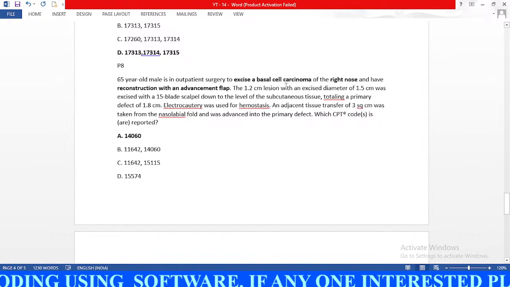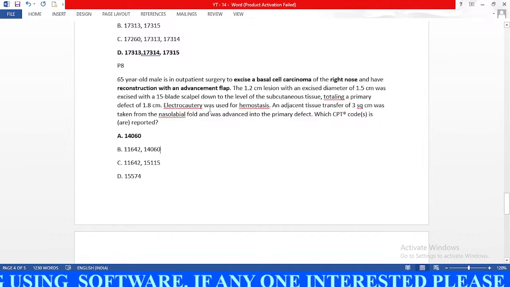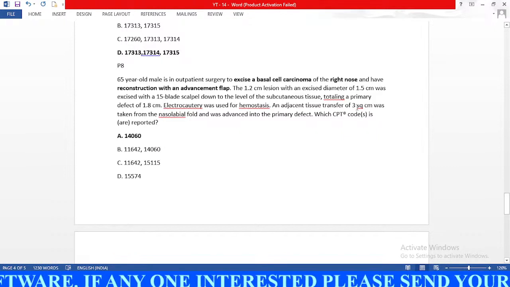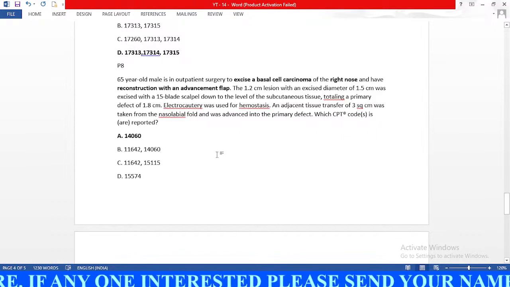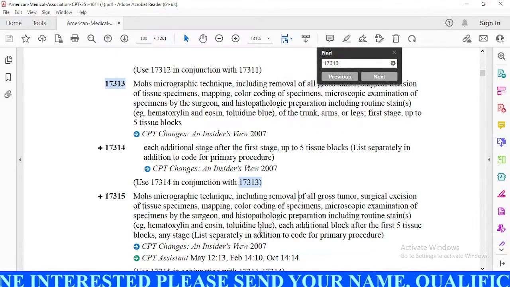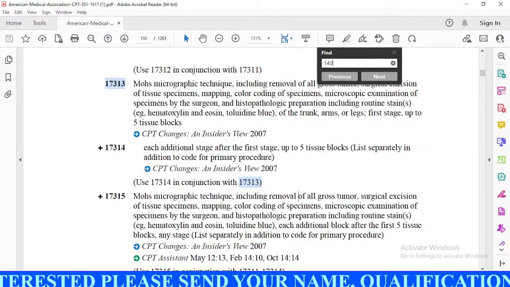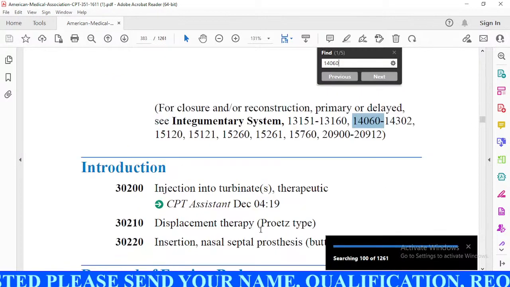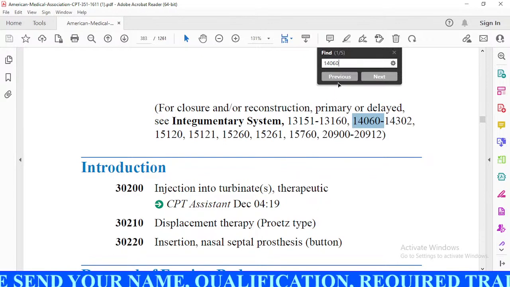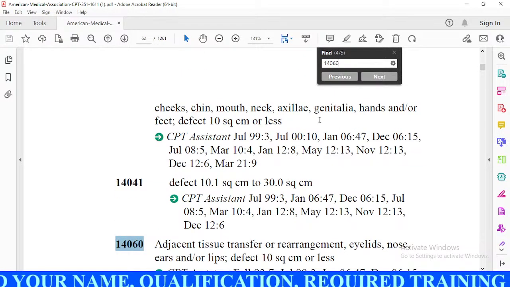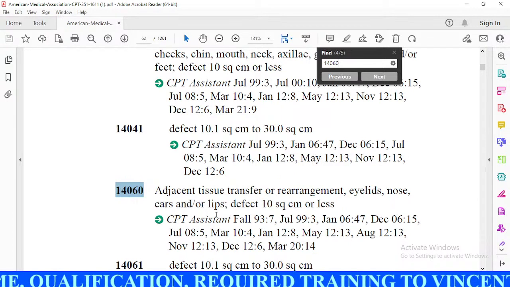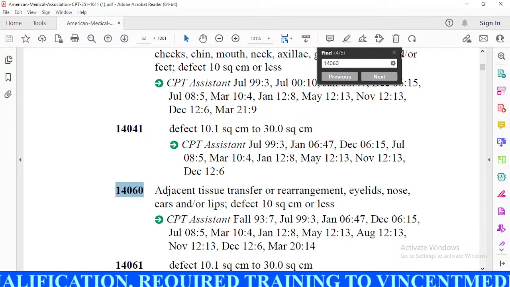Our diagnosis, basal cell carcinoma, is one type of malignant cancer. Here the physician has excised and performed adjacent tissue transfer, so we need to code 14060, as we will not code the excision of the malignant lesion. We will check the code once. 14060. See here: adjacent tissue transfer or rearrangement, eyelids, nose, ear and lip, defect 10 square centimeters or less.